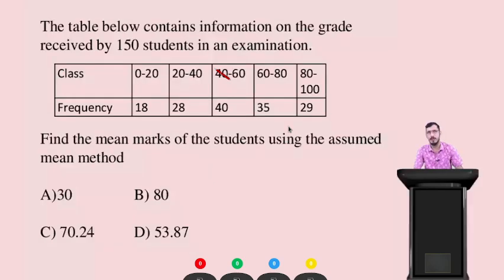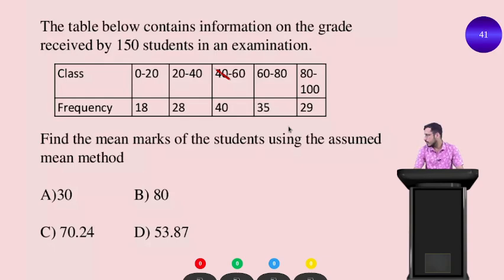Okay students, one more question here. The table below contains information on the marks received by 150 students in an examination. Find the mean marks of the students using the assumed mean method. In this question I am giving you 60 seconds. The class intervals are 0 to 20, 20 to 40, 40 to 60, 60 to 80, and 80 to 100, and the frequencies are 18, 28, 40, 35, 29.